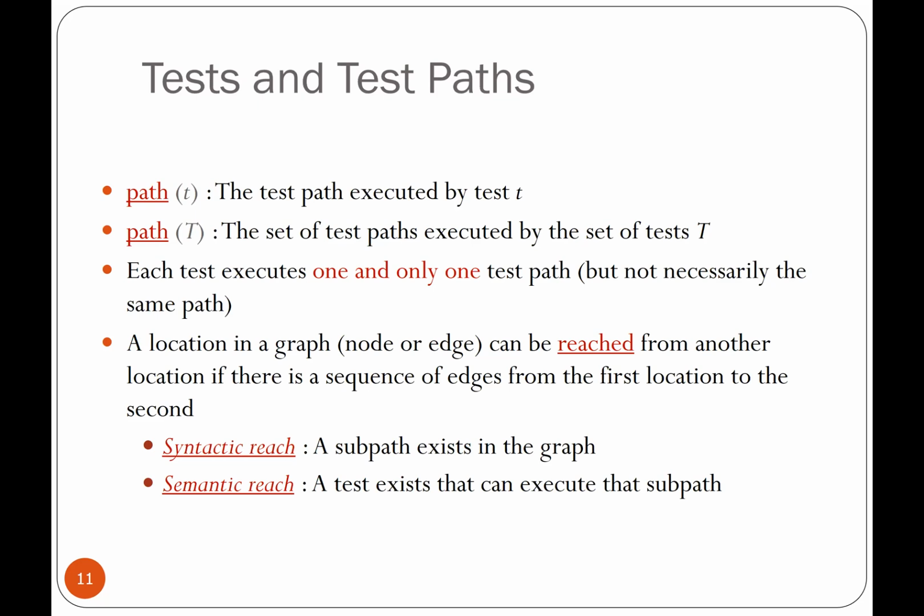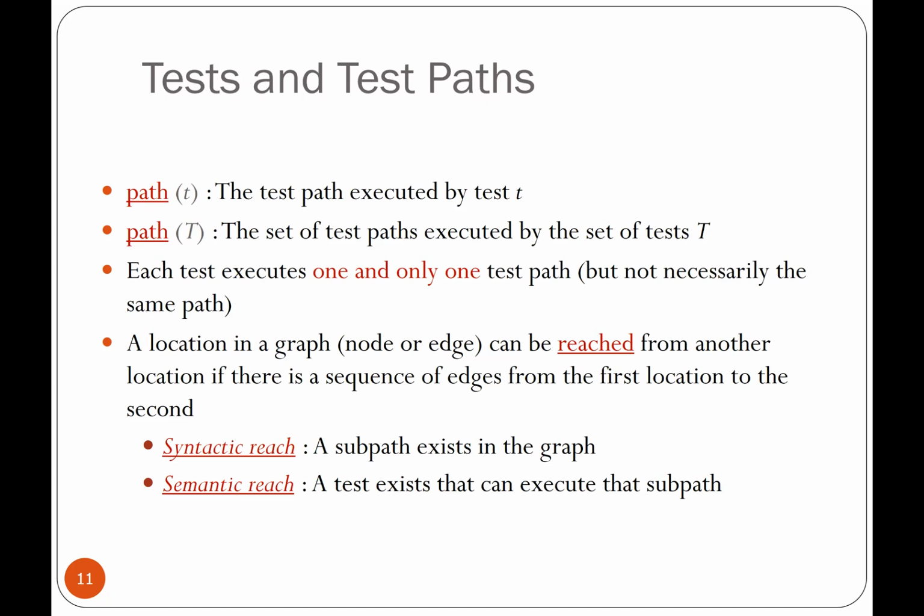And this physical connection is what we call a syntactic reach. In other words, a subpath exists in that graph where the arrows connect. Now there's another thing called a semantic reach, which means that a test case can actually be executed to take me through that path.